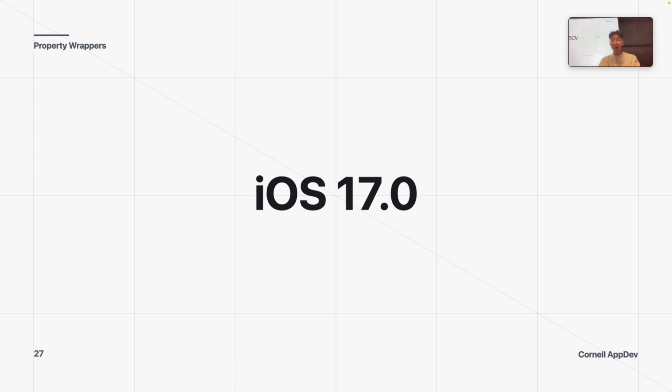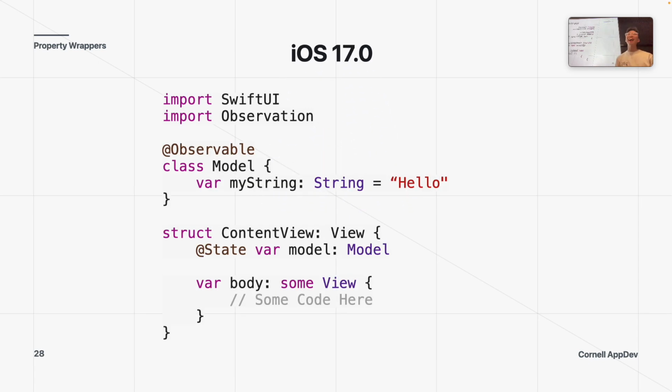Okay, so the last time I gave this lecture, iOS 17 was not introduced yet. But now iOS 17 is introduced. So almost everything that I told y'all earlier, you can kind of just forget about it. That's because iOS 17 actually made your life a lot easier.